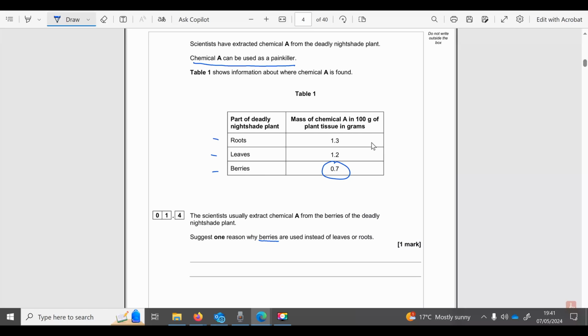However, we don't know how much chemical A can be used to treat. So maybe the dosage that comes from the berries, in terms of its mass of chemical A, is sufficient. If there was anything further, then maybe it could be harmful to the person. So we can say berries have the lowest mass because it has the appropriate dosage to not cause harm to the person.